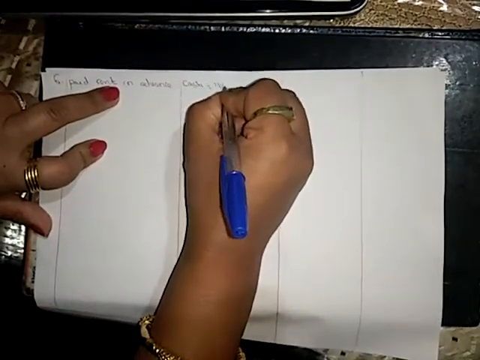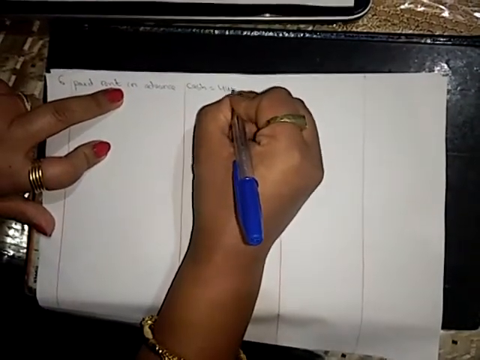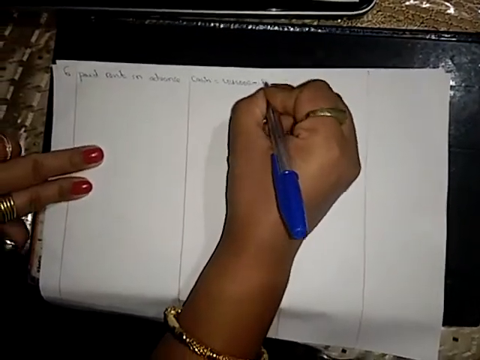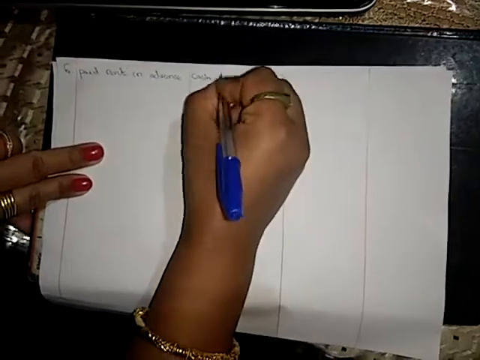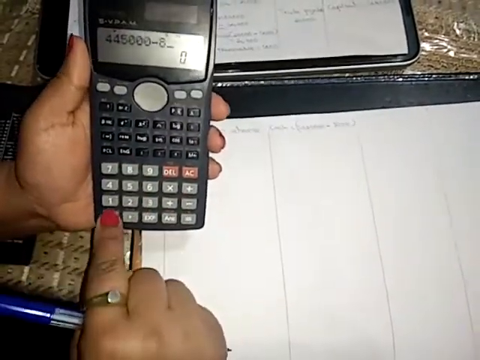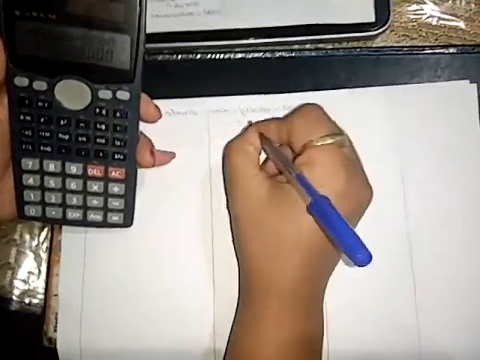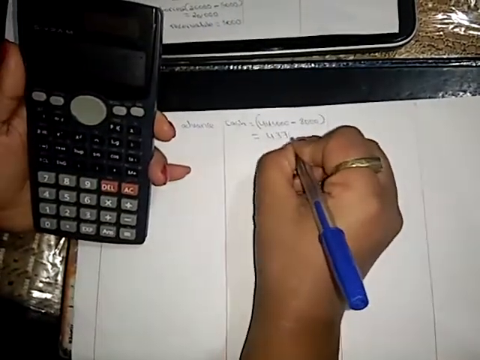So you had 4,45,000 and now you are paying rent worth of 8,000 from this cash. So from the cash you have to deduct 8,000. 4,45,000 minus 8,000. So now your cash will be only 4,37,000.